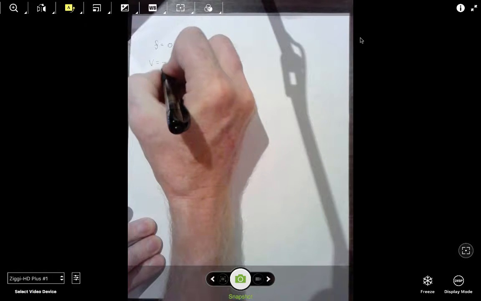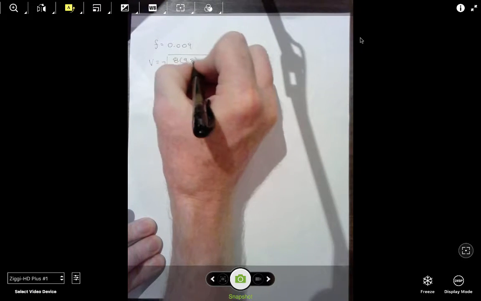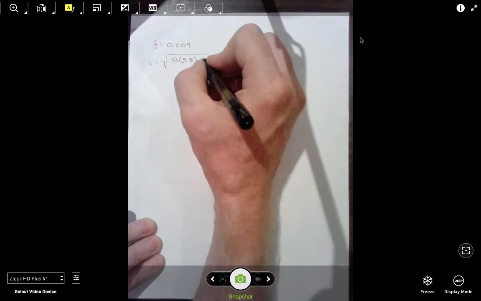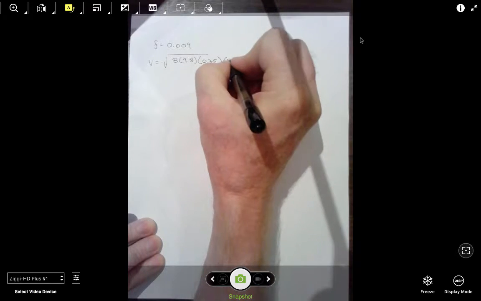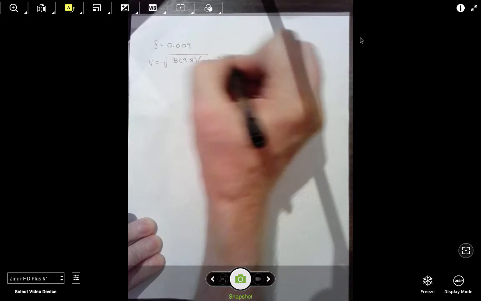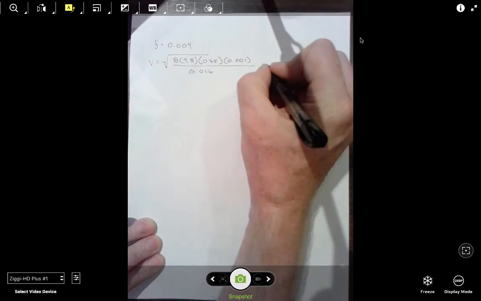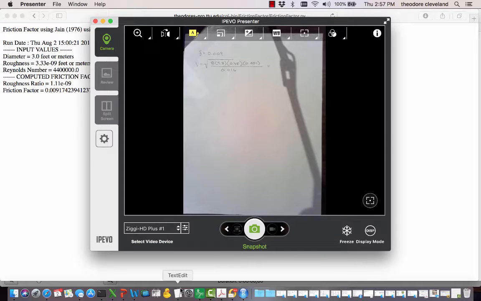Calculate a velocity, which is the square root of 8 times 9.8 times 0.75, 0.001, divide by 0.016. You can go ahead and get a calculator up and running for that because I don't happen to have one.